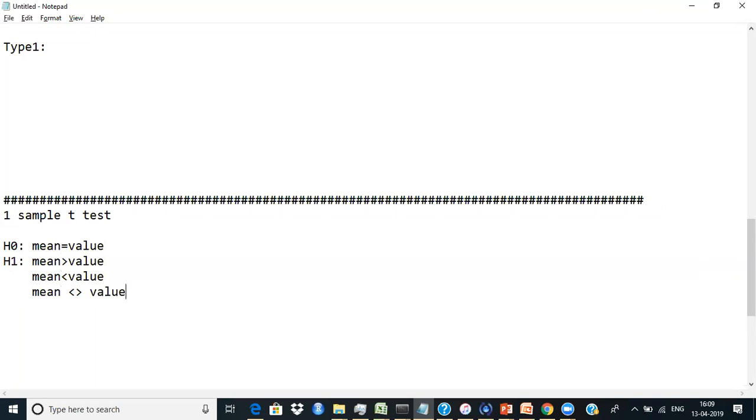But the way you identify this one sample t-test is that the null hypothesis will look like this, and SD is not known. In 90% of the cases, you will encounter a case where standard deviation is not known. So in most of the cases, you will actually do a t-test.